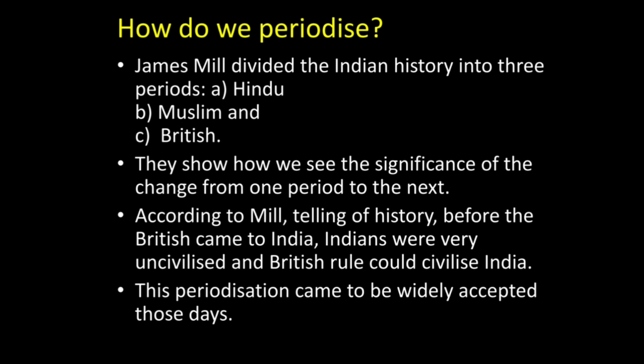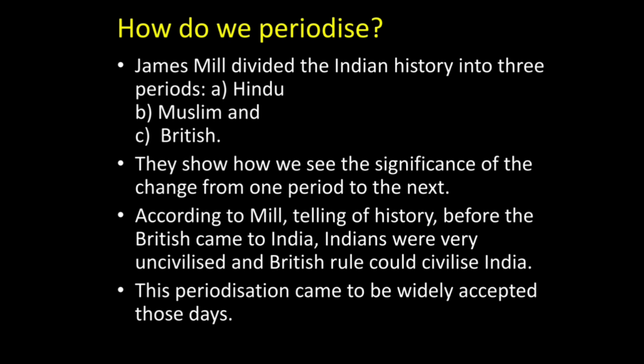According to Mill, telling of history, before the British came to India, Indians were very uncivilized and British rule could civilize India. According to James Mill, it is very obvious because he himself was a British historian.